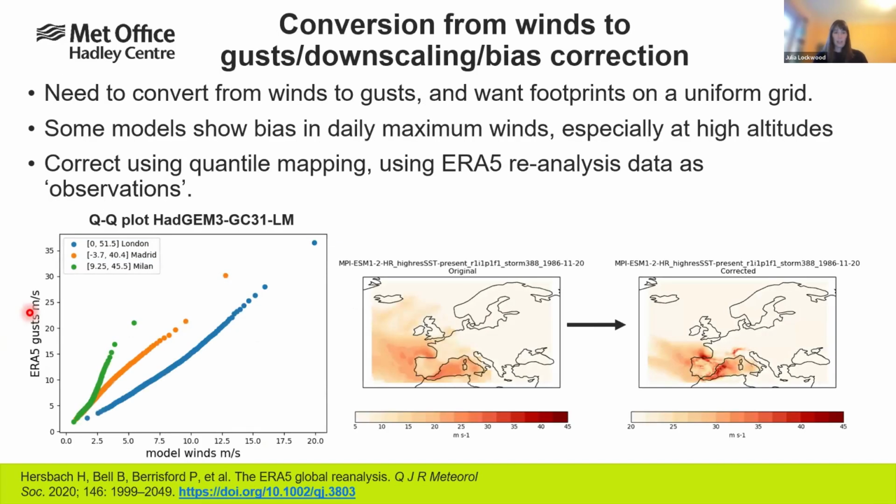In addition to having to do this conversion from our surface winds to the gusts, we also had the issue that all the models are run on different grids, and some of these are quite low resolution grids. I think insurers would typically want quite a high spatial resolution, and also some of the models show a bias in their surface winds, especially at high altitudes. So we needed to correct for all of these factors.